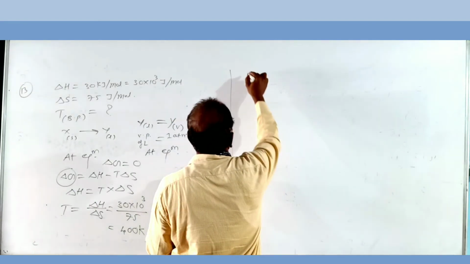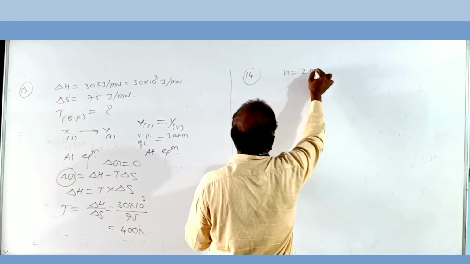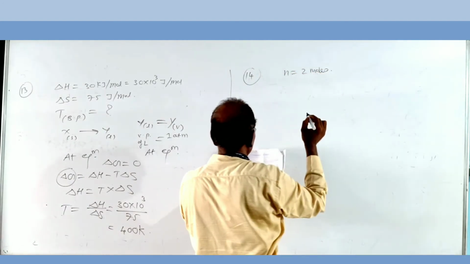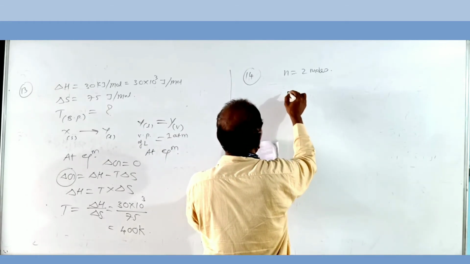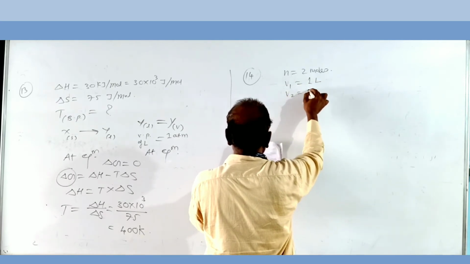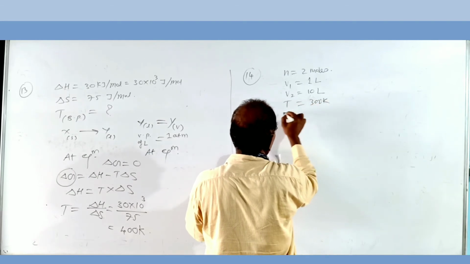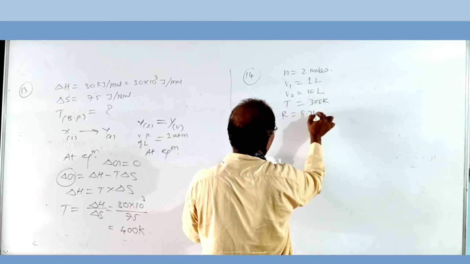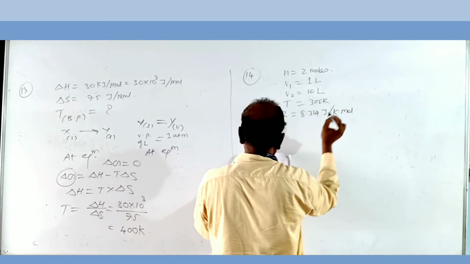That is question 14, n is equal to 2 moles of an ideal gas expanded isothermally and reversibly from volume 1 liter to final volume 10 liter at a temperature 300 K, R is equal to 8.314 joule per Kelvin mole.